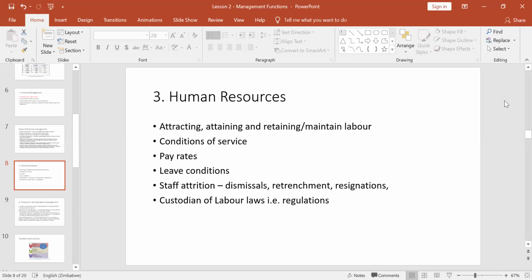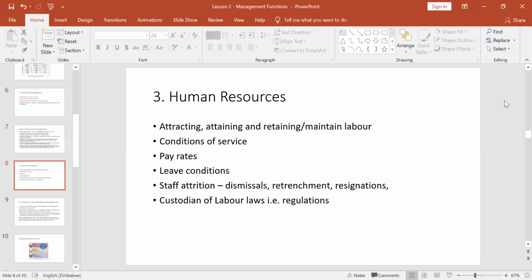That's where you sign your contract of employment. That's where you negotiate your salaries. That's where you go to apply for loans. That's where you go to apply to work from home. Everything that has to do with your work life, wellness, everything, it's in human resources.